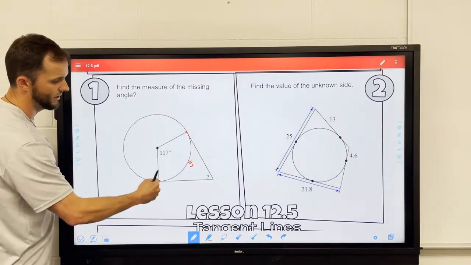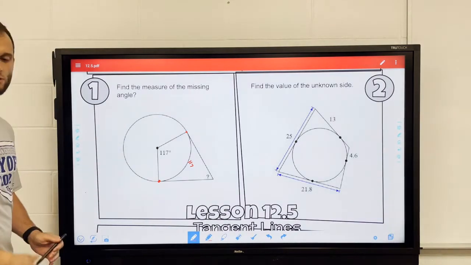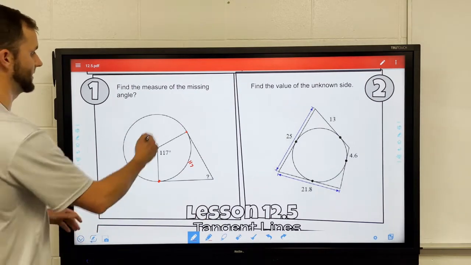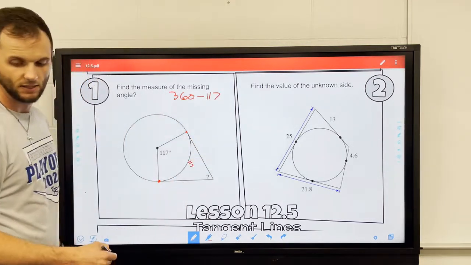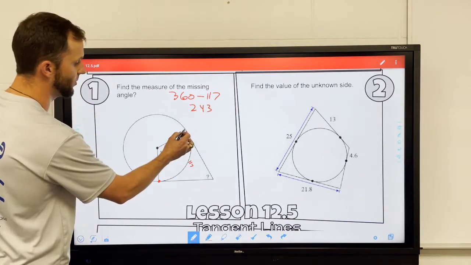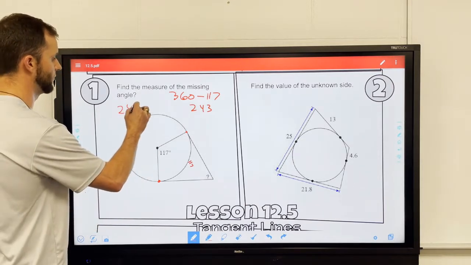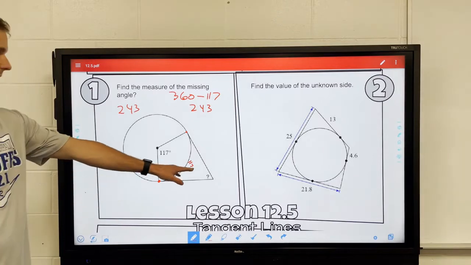So from here to here is 117. To find the rest of the circle, I subtract 117 from 360. So 360 minus 117 gives me 243. That means from this point all the way around to this point is 243. So now I have all the information I need to find my missing angle, okay?